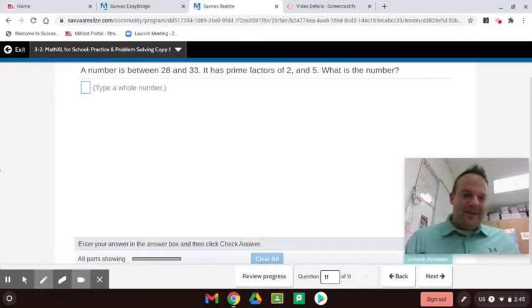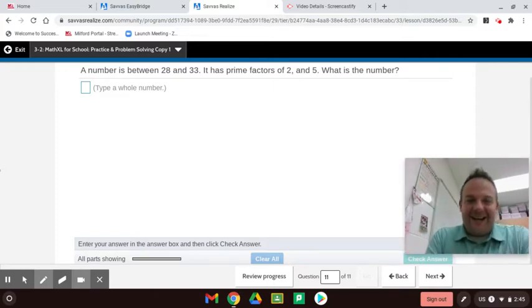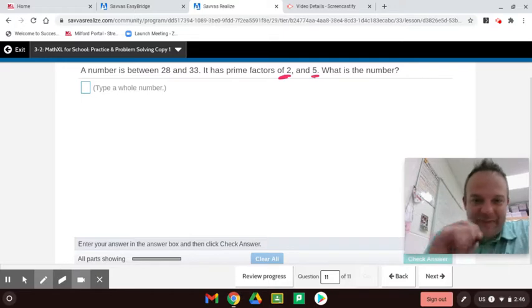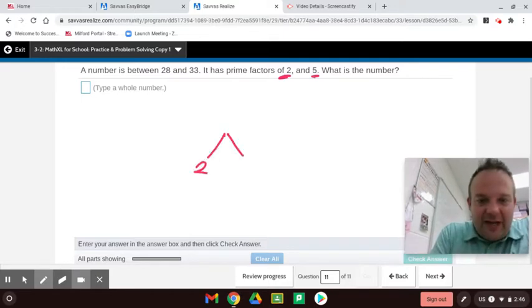A number is between 28 and 33. Oh, this is fun. This is like a puzzle, guys. It has prime factors of 2 and 5. What is the number? Okay, so let's see. 2 and 5, that equals 10.